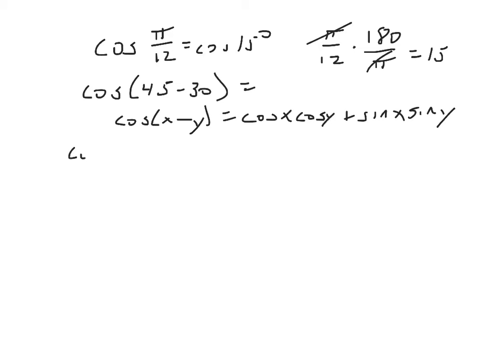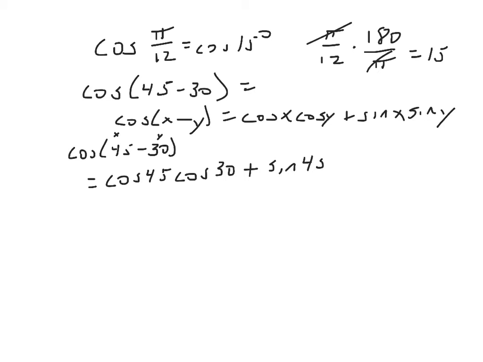So if I have the cosine of 45 minus 30, then this is my x and this is my y. I can write that as the cosine of 45 times the cosine of 30 plus the sine of 45 times the sine of 30.